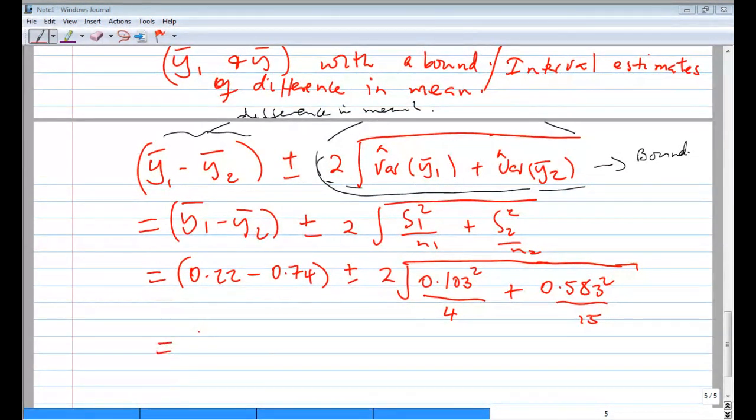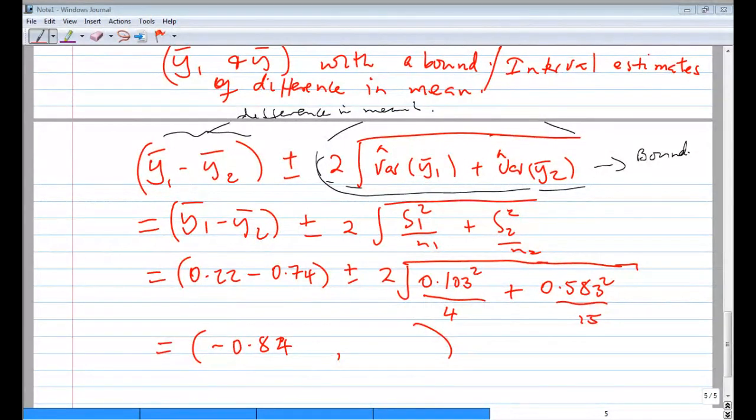So it's an interval, isn't it? So we're expecting to see something like this. Negative 0.83, minus 0.83, 0.84, isn't it?